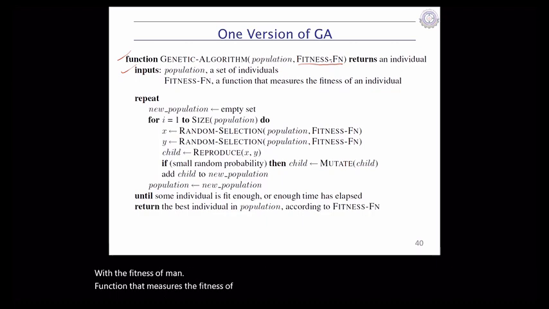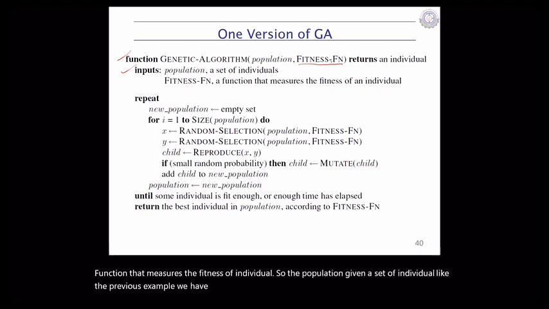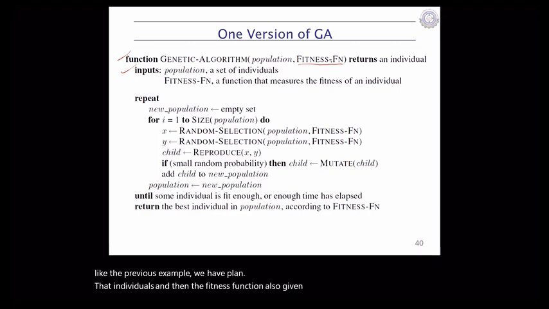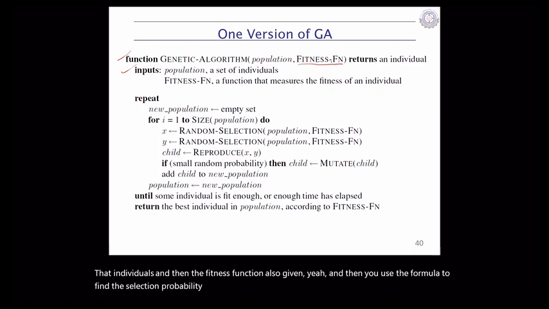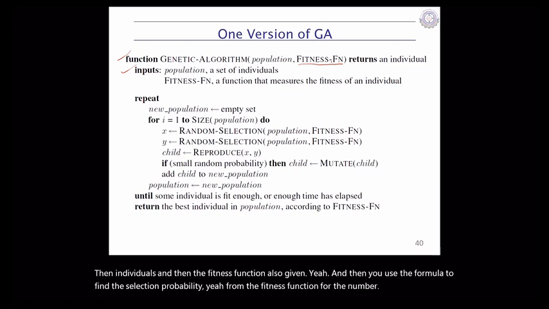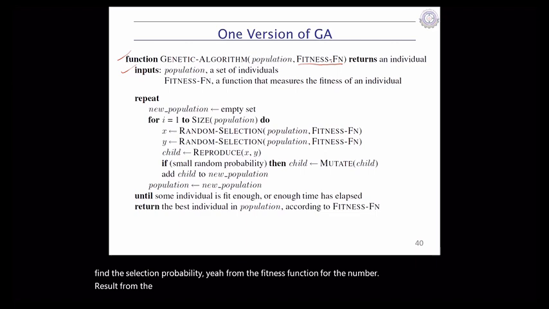So the population is given, a set of individuals, like the previous example where we have 10 individuals, and the fitness function is also given. Then you use the formula to find the selection probability from the fitness function results, and repeat.